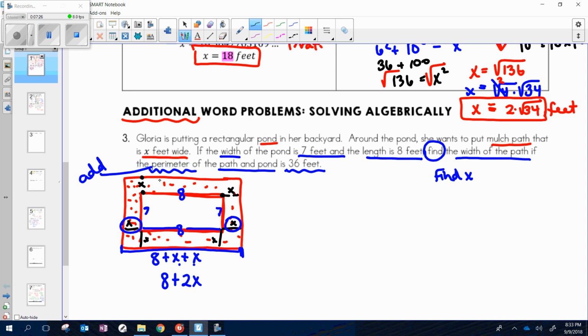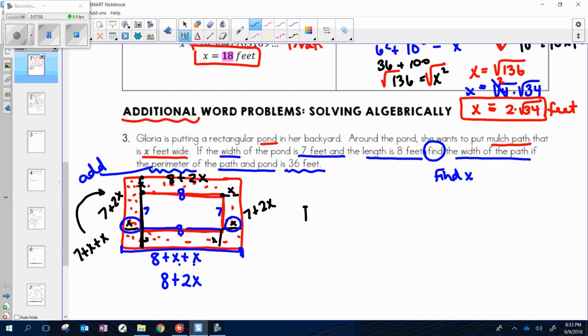All right, that means this top edge is also 8 plus 2X. And this edge that used to be 7 has an X and an X. So this is 7 plus 2X, and this is 7 plus 2X.